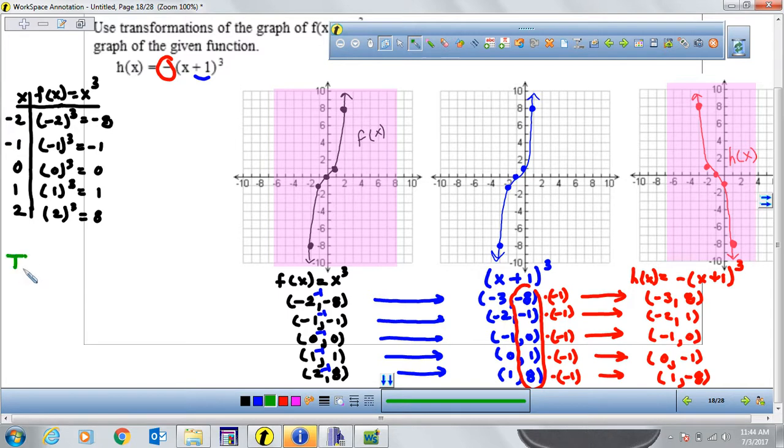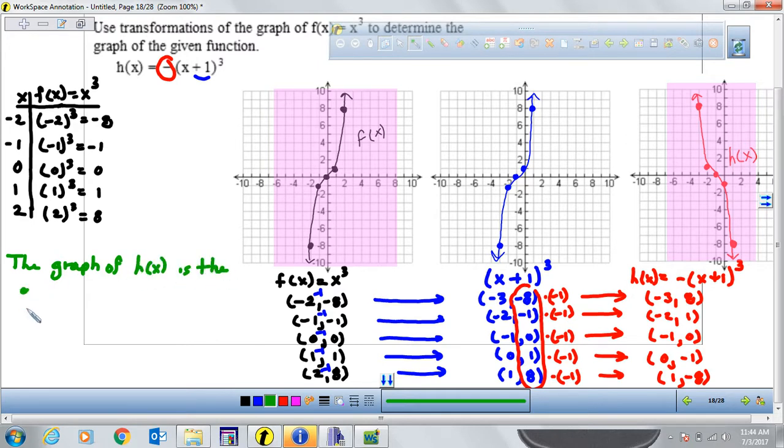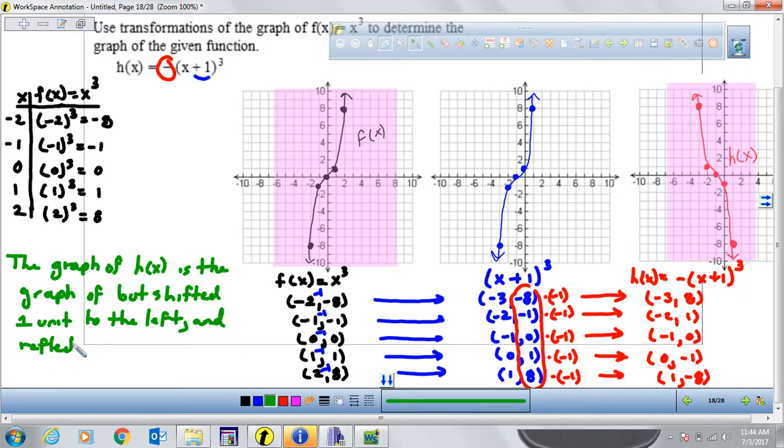So we're going to say that the graph of h of x is the graph of f of x, but first it was shifted 1 unit to the left, comma, and reflected about or across the x-axis.